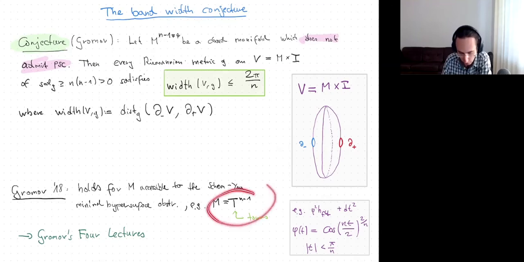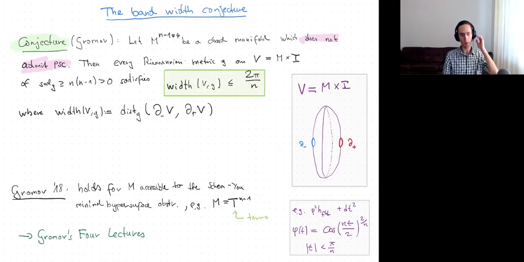The easiest example for that is our favorite, the torus, and it's true for that. And in Gromov's four lectures, which are also posted on the workshop homepage, he suggests an even more general approach that might give that in more general setups.